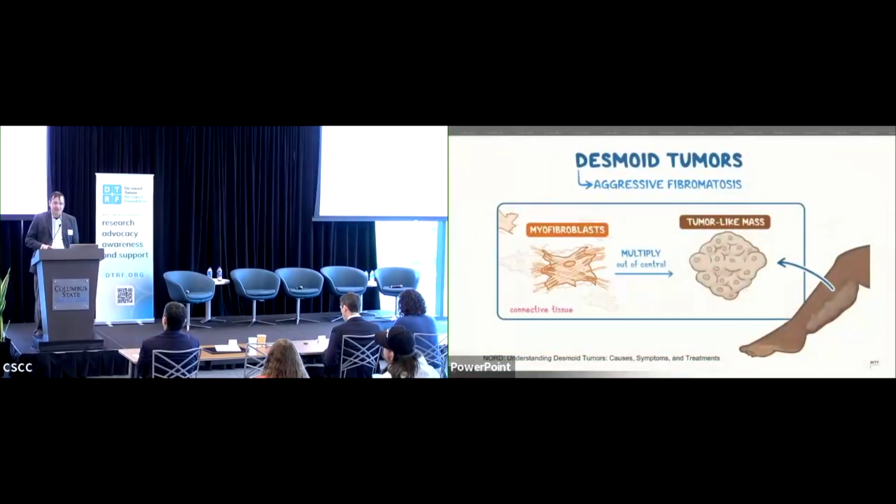So I wanted to go a little bit into trying to understand the basic science of desmoid tumors, right? The way that I try to explain desmoid tumors to patients that I see in clinic is that these are mutant scars. I think a lot of people have familiarity with scar tissue, normal scarring: if you injure yourself, you'll have a scar, a bump will form, and eventually over time that will regress and flatten out.